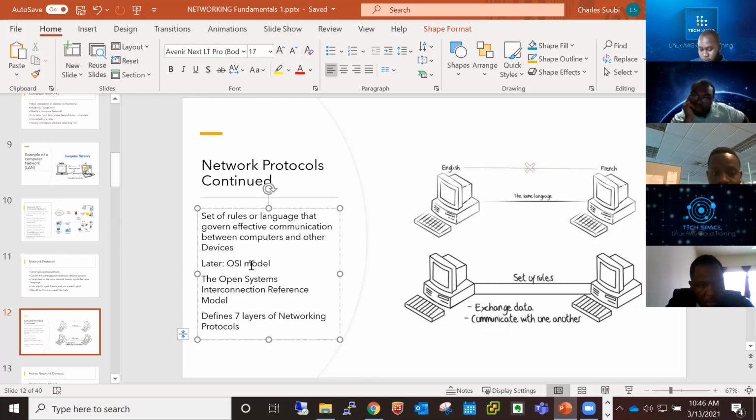What the OSI model basically does is provide a set of rules, and based on those rules, these devices are able to communicate effectively. We shall look at 7 layers of the network protocols that are under the OSI model. You guys should have questions by this time.